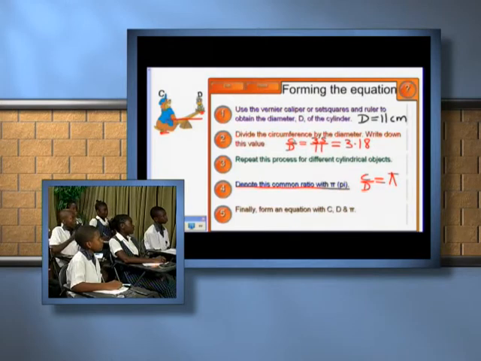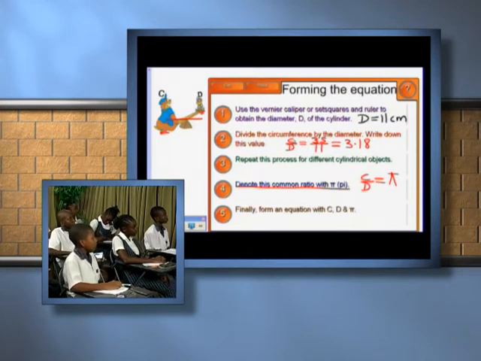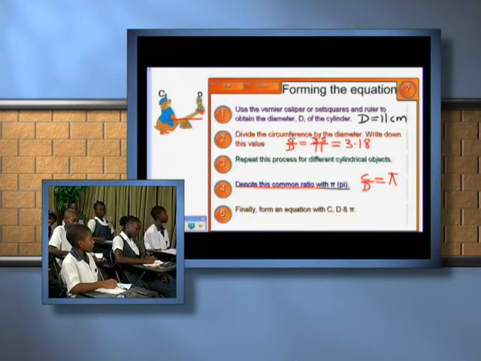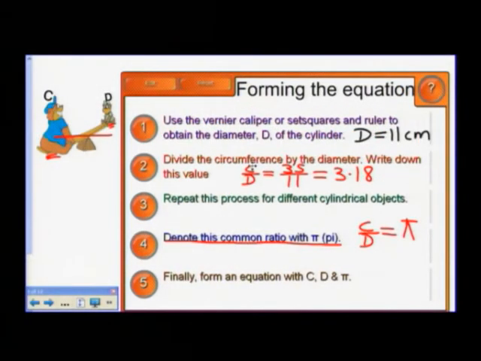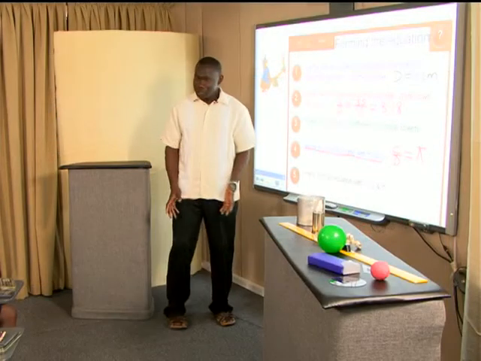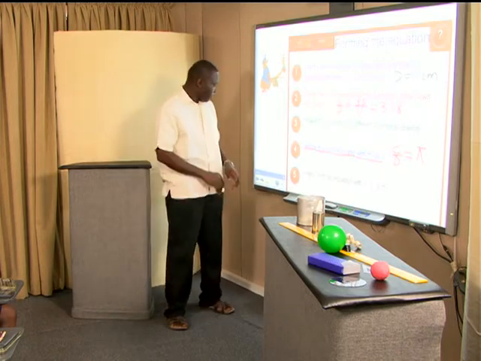So that's what we did there for our final instruction. We form an equation with the circumference, the diameter, and pi. So we see how the circumference is related to the diameter: if we take the circumference and divide it by the diameter, we will always get a constant value. And it is standard internationally to represent this value with the Greek letter pi. Good, let us proceed with our lesson now.